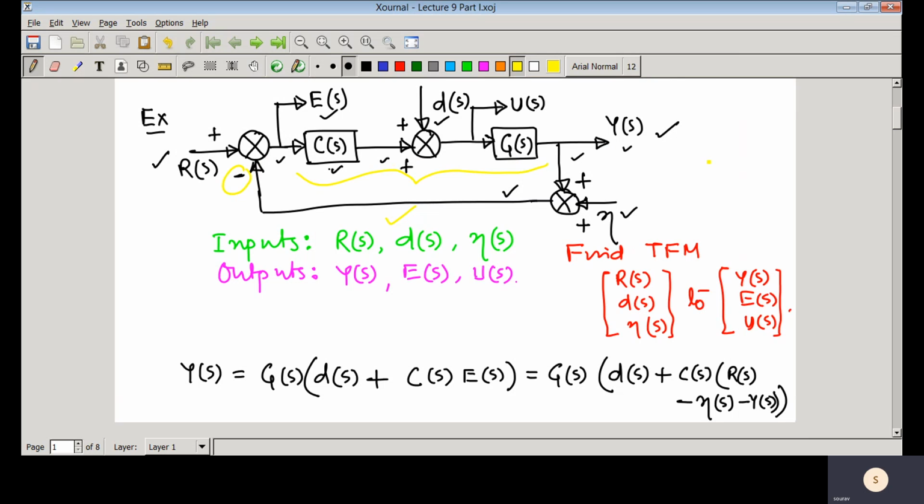So the transfer function is GSCS divided by 1 plus GSCS. So that is actually YS divided by RS. Just by looking at the block diagram, you can directly write the transfer function.